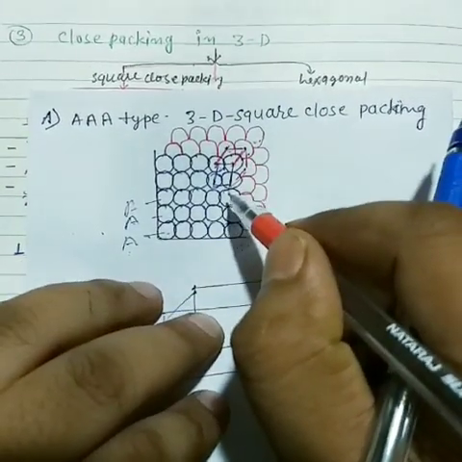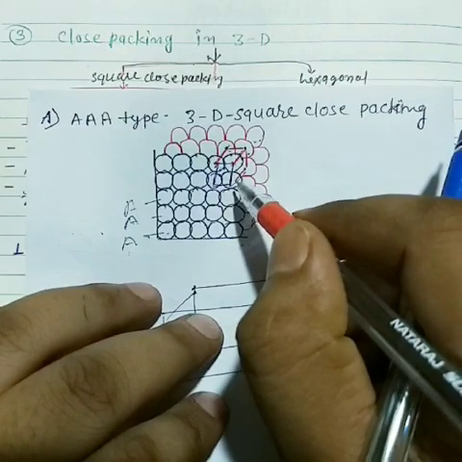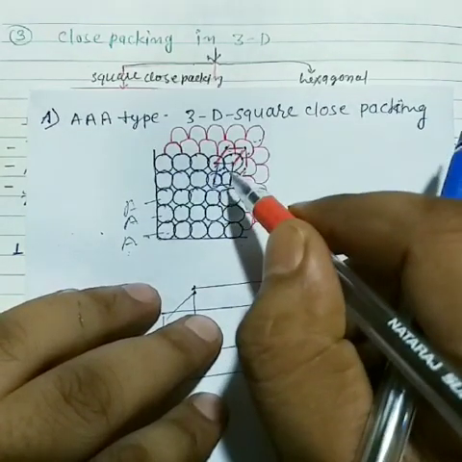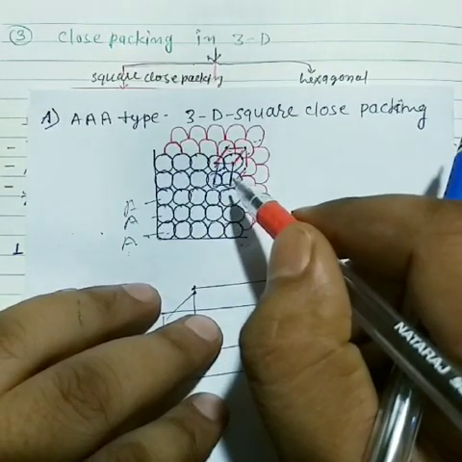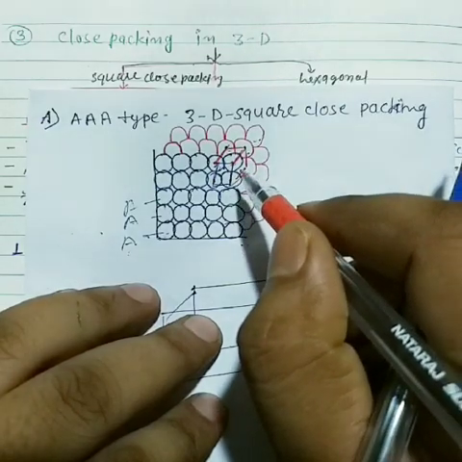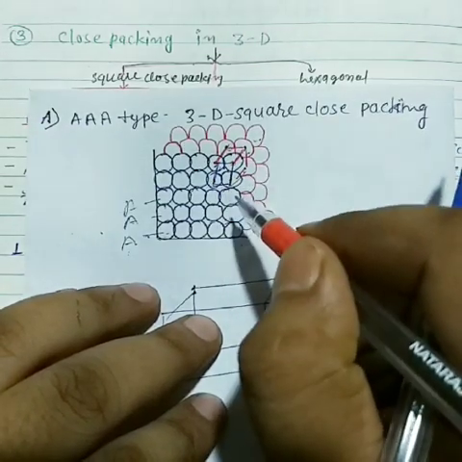So here it looks like 3D. So how many atoms are touching each other? That means here it is 6. So how is it possible?